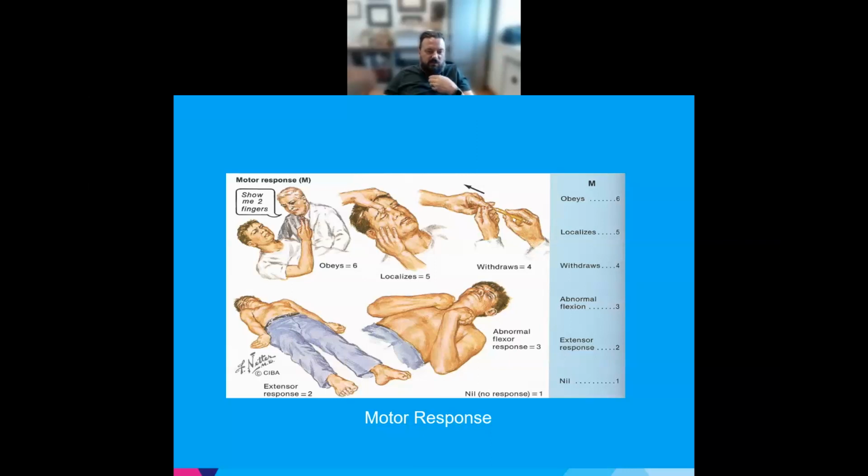It also sometimes, we've had instances where family members have viewed that negatively, particularly if you're doing it on a woman and you're a male, they may view that as being too close to their breast or whatnot. So it's just better to avoid a sternal rub if you can. Supraorbital notch or trapezius pinch is usually a good one to do because it doesn't appear to be too noxious.